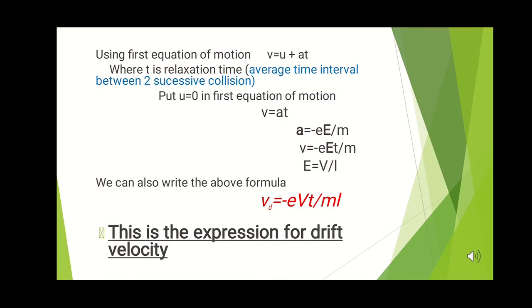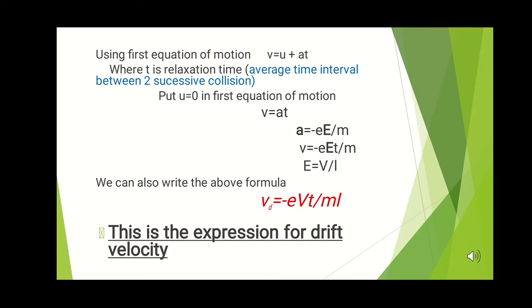We will use the first equation of motion, and since all the electrons start from an initial velocity of 0, we write v = at, or with tau, v = a tau. Now we put the value of acceleration in this equation. So v = -eEt/m.